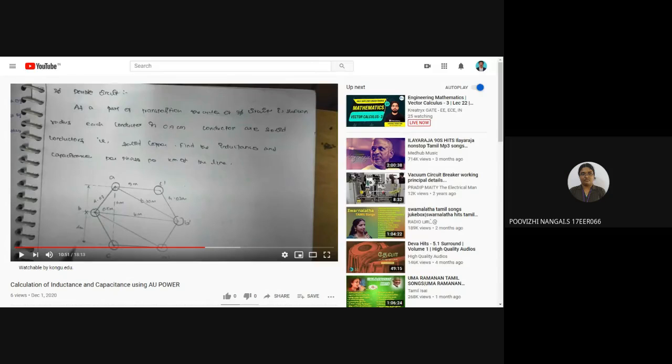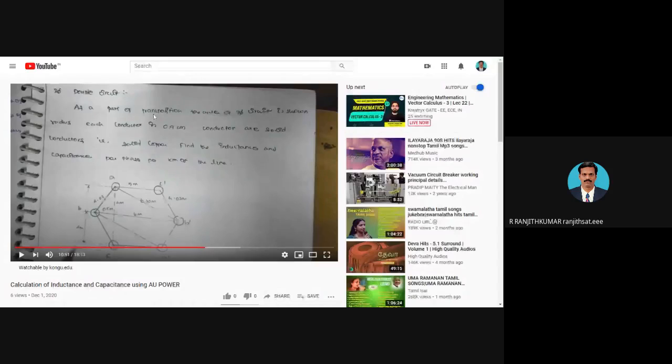Yes ma'am. As a part of transposition of your transmission line, a 3-phase circuit is shown here. So on the left side A, B, C, and A dash, B dash, C dash. Is it clear?